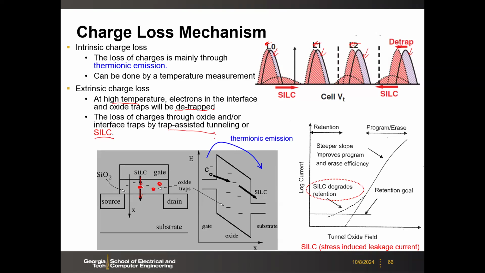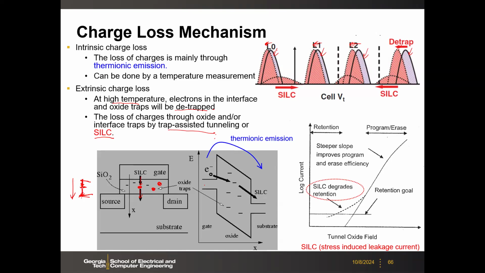This is quantum tunneling. But the quantum tunneling depends on the barrier height and barrier distance. If you have some defect in between, then it's like two-step instead of one-step tunneling, and each step is much smaller. But the quantum tunneling rate exponentially depends on the distance.